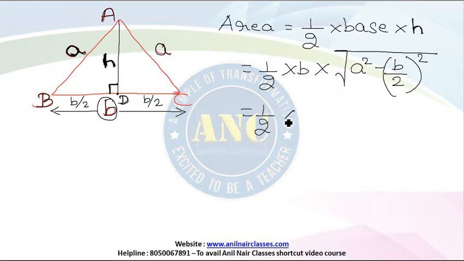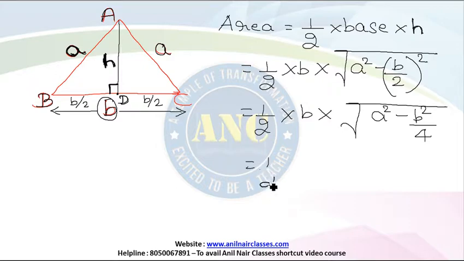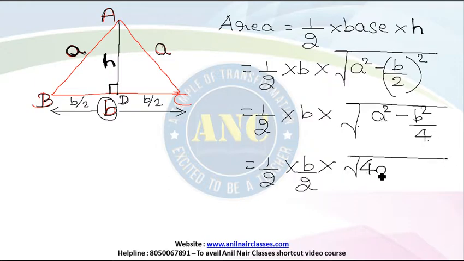This is 1 by 2 into b into square root of a square minus b square by 4. If I take the LCM, half into b into square root of 4 is 2 taken outside, so inside the square root, 4a square minus b square.